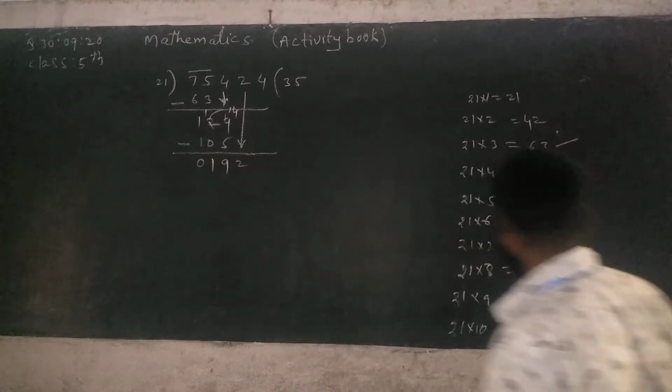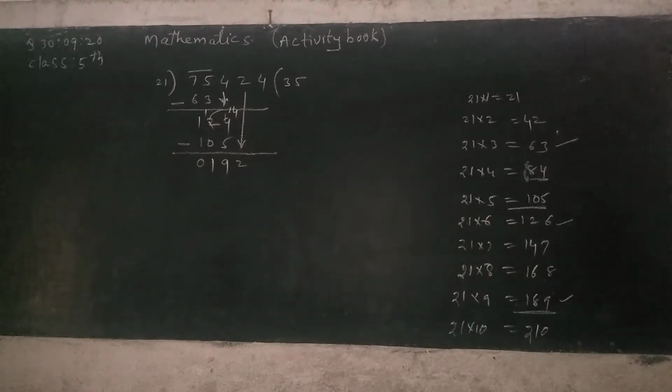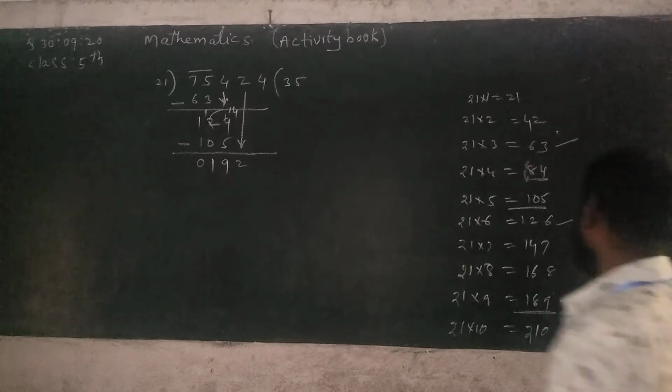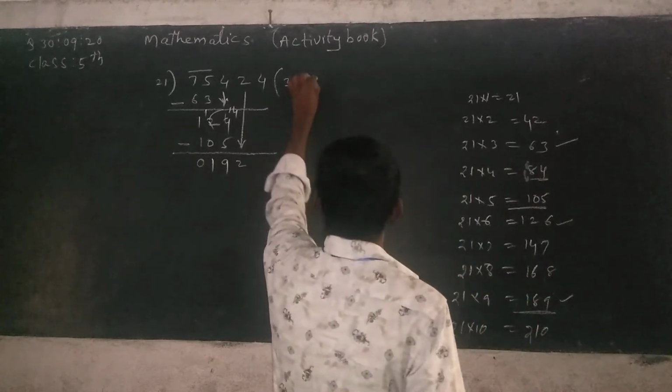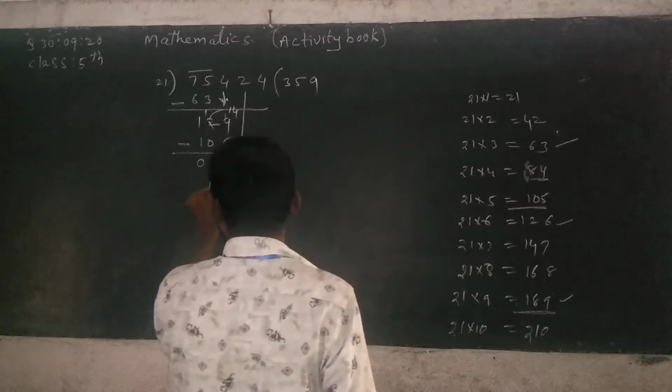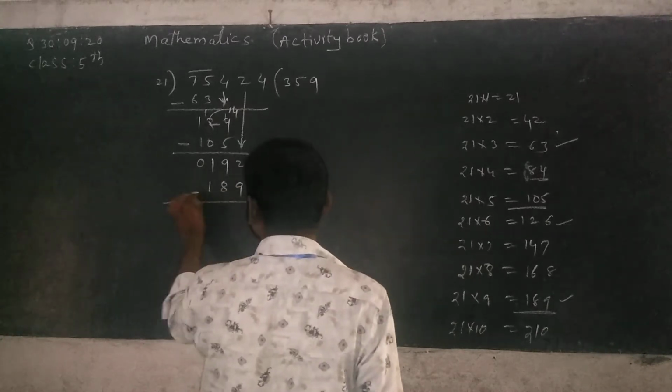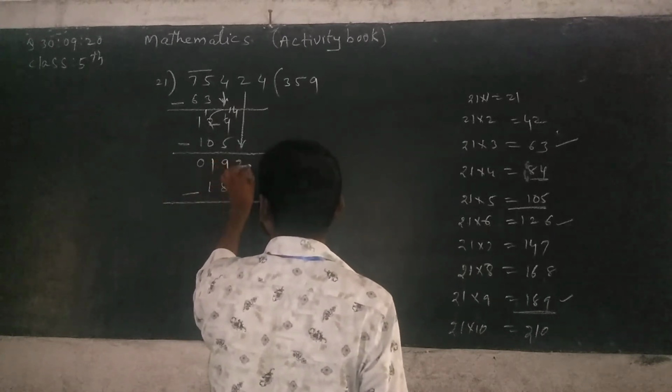So we have to take 21 nines are 189. Then here 2 minus 9, possible? Not possible.